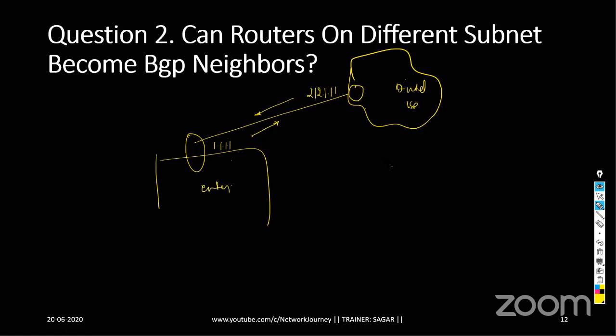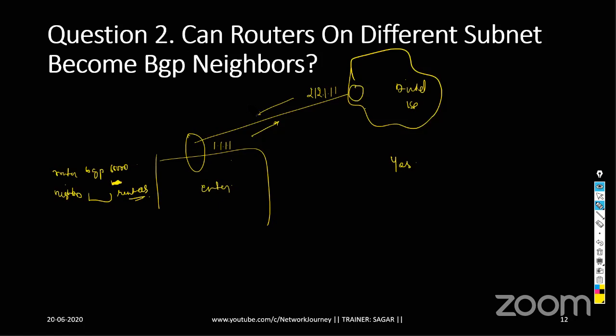Yeah, it's possible. The reason is, if you have ever configured BGP, we start with the BGP process or autonomous system, and I define the neighbor IP with the remote AS only. I don't mention a mask anywhere, right? So it doesn't matter what subnet my peer IP is configured on.